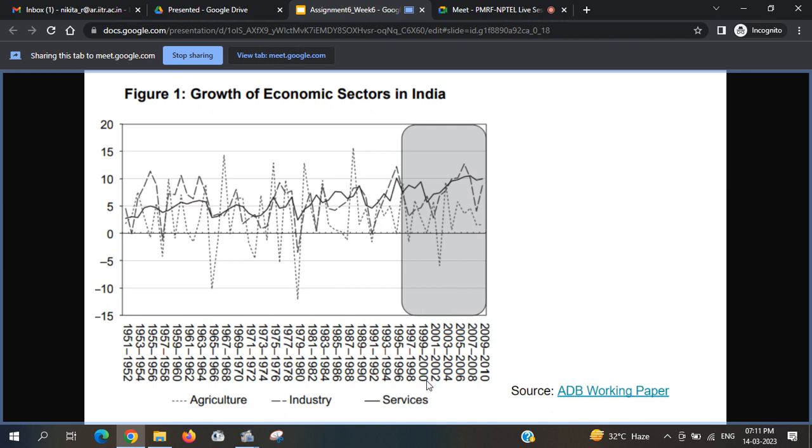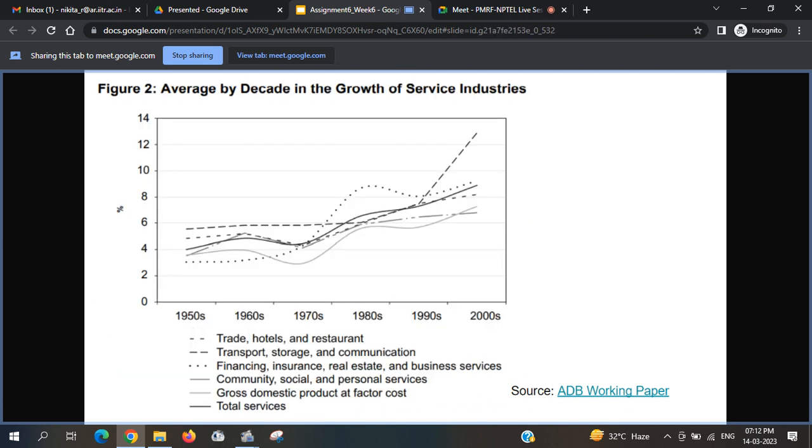You can see after 1999, there is a huge growth in the service sector, while the industry is also growing, but not as fast as the service sector, and there is some volatility in the growth rate, and there are a lot of fluctuations. Similarly, for the agriculture and allied sectors as well, there are a lot of fluctuations in the growth of those economic sectors.